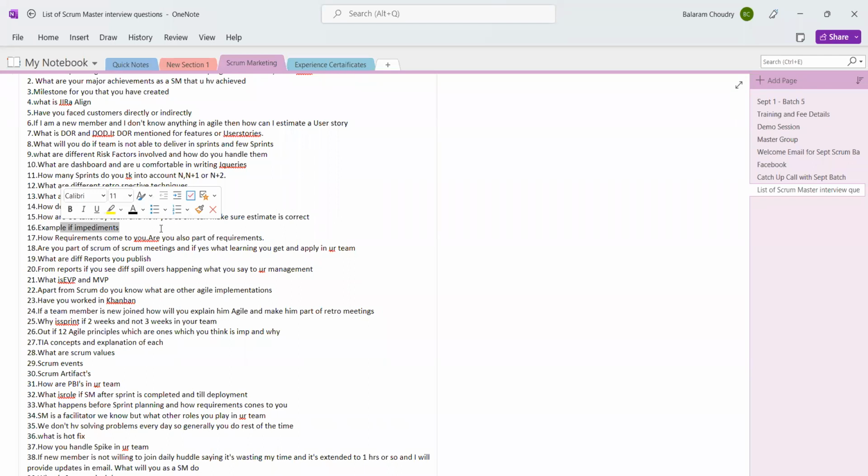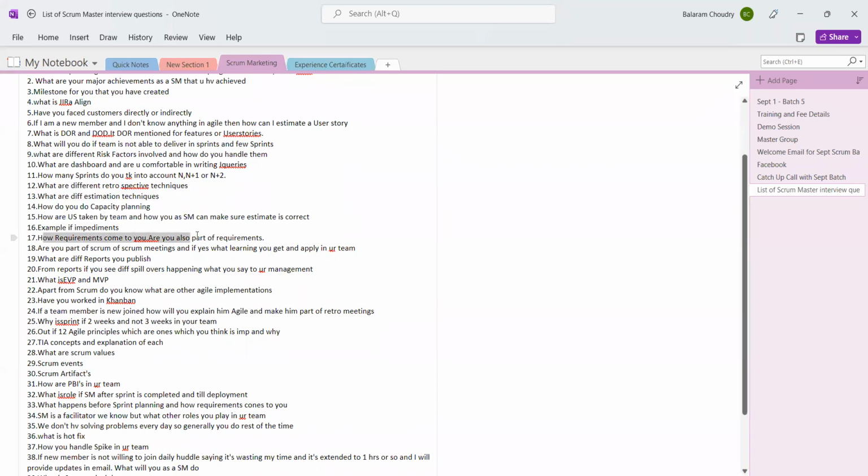Let's say you have certain APIs to be received from a vendor and you are working on API integration work. If the API endpoints are not given to you, you will not be able to implement that. Even if APIs have to be developed by the vendor and they are delaying it, that is also an impediment. So there are many things you can talk about on the impediments front.